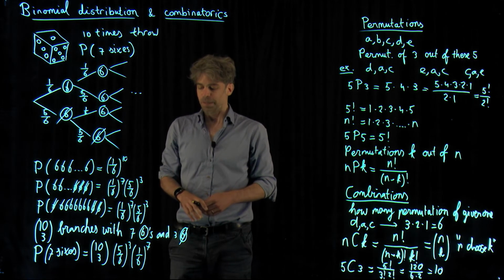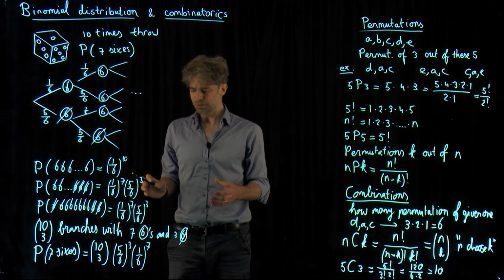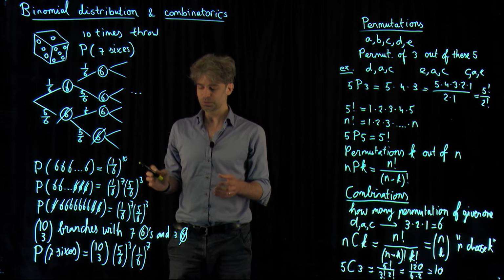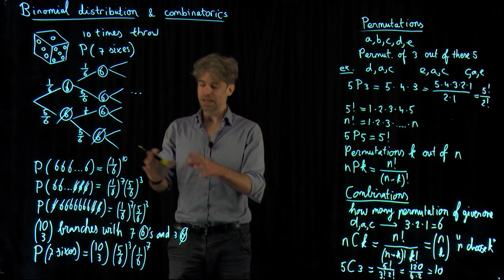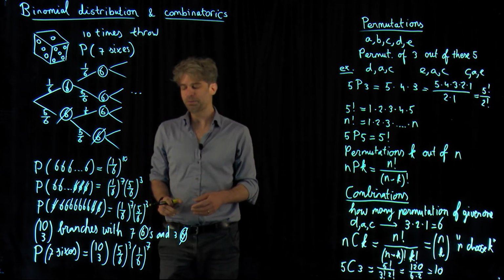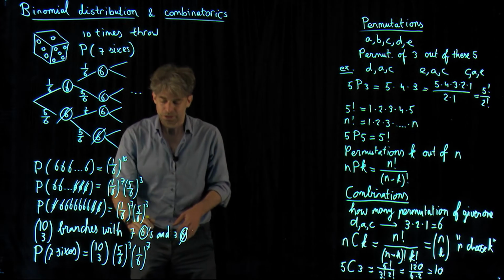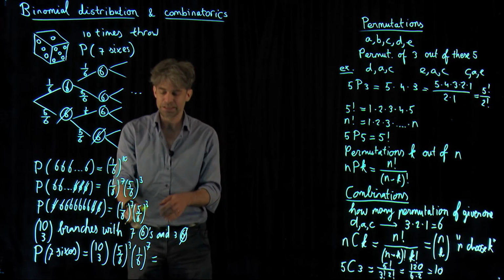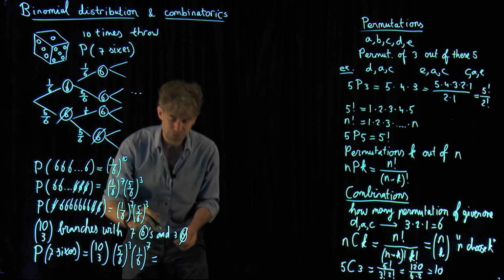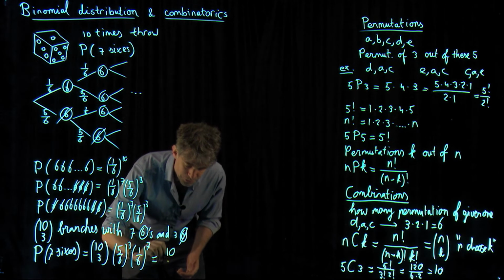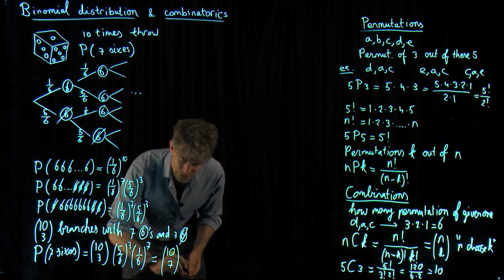All right. So there you go. What I want to do next is make this a little bit more general. By the way, I messed things up a little bit here. You could also say, if I'm really interested in 7 sixes, then this should be the same as the way to choose those 7 sixes.